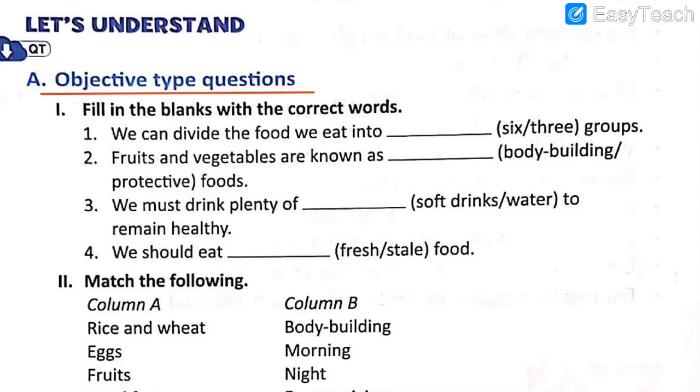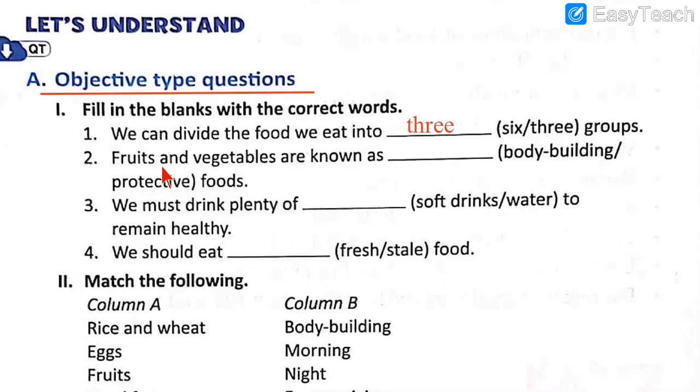And which are those? Energy giving, bodybuilding and protective. So let's write the answer. The answer is 3. You have to write the whole sentence: We can divide the food we eat into 3 groups. I already said the names.